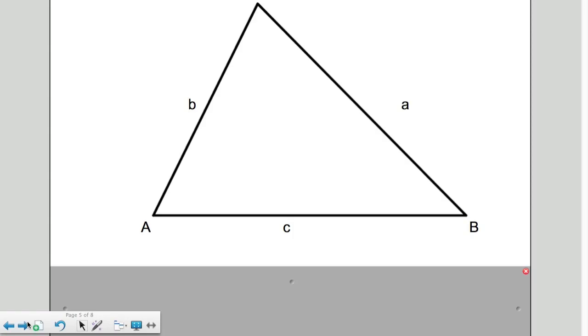So take your triangle again from scratch, draw another triangle, and label it like this. This is the exact same triangle that we worked with in the question, except now we're just going to use the letters.